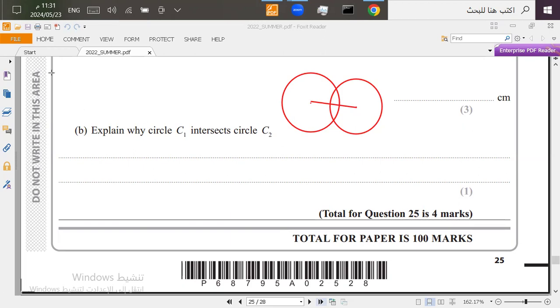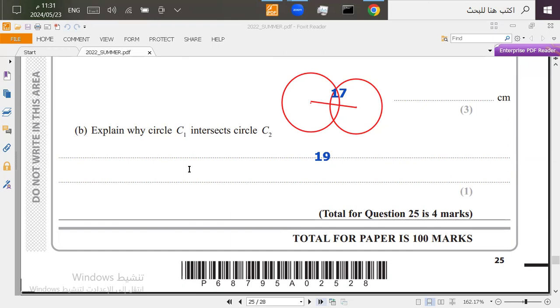The two radii are 13 and 6, and together they are bigger than 17. The distance between the centers is 17, so they must overlap by 2 centimeters, because the total of the radii is 19, but the distance that we found is 17. It means there are 2 centimeters overlapping inside of each other. This means that the two circles are intersecting.